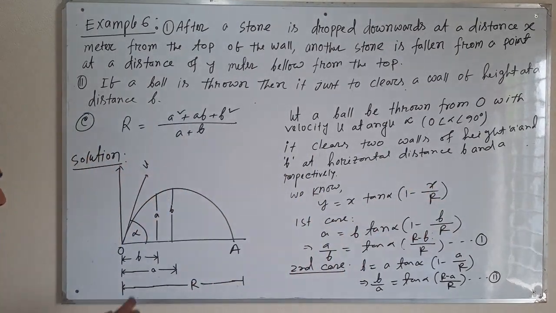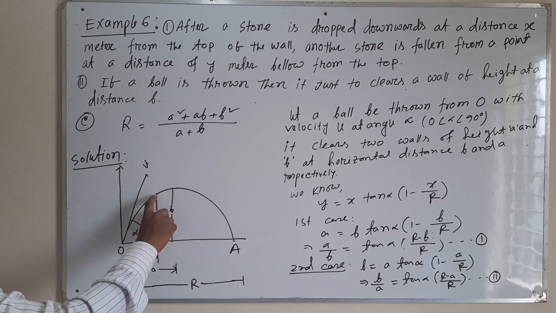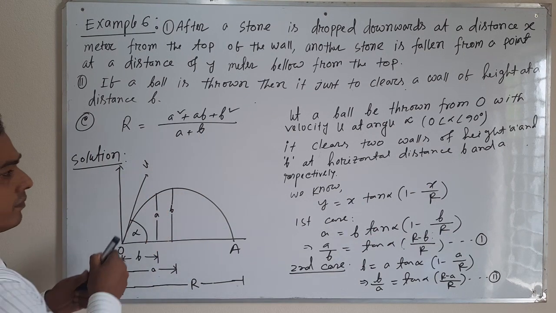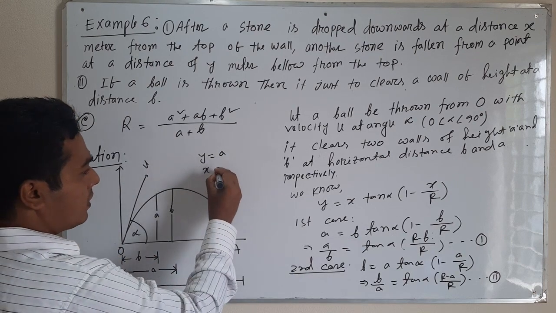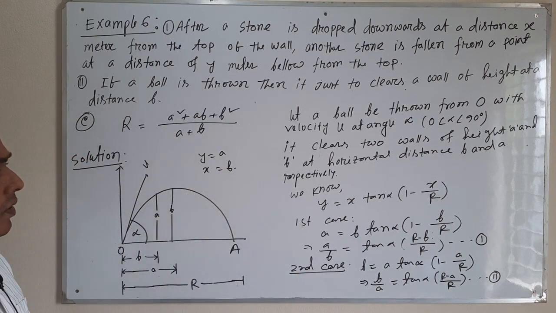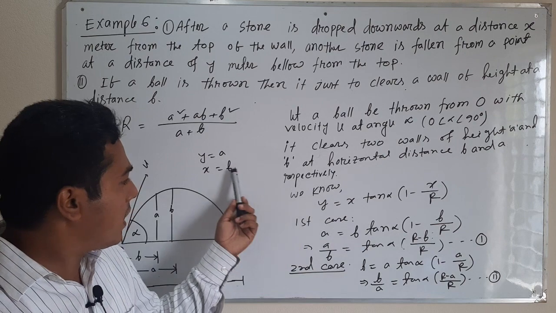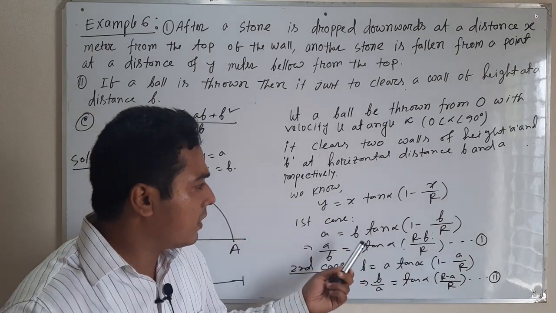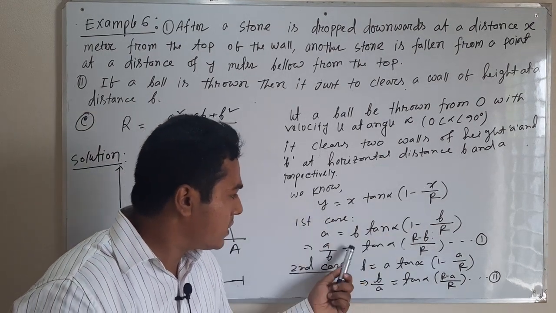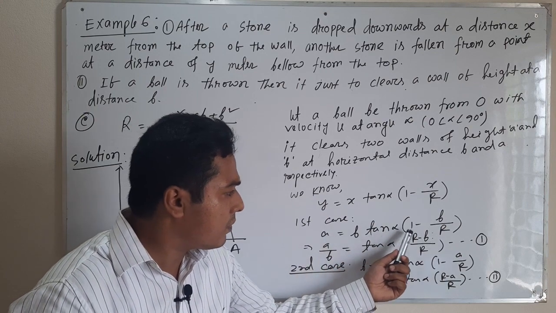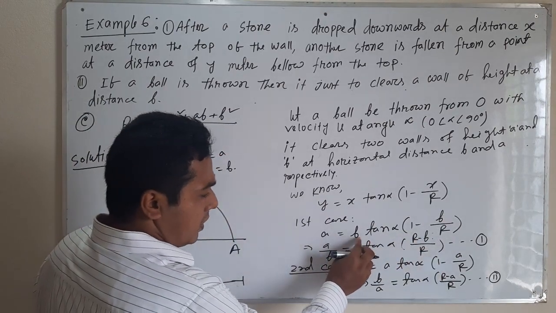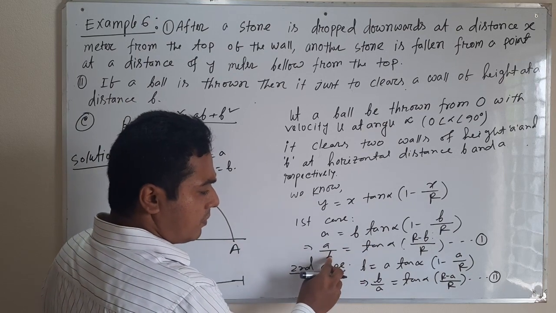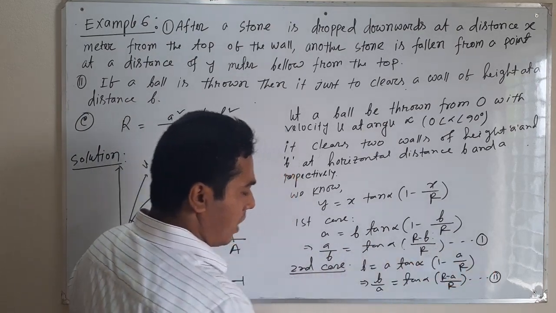In the first case, y is equal to a, x is equal to b, then we get a is equal to b tan alpha into 1 minus b divided by R. This is equation 1.